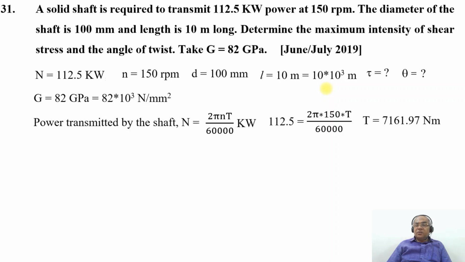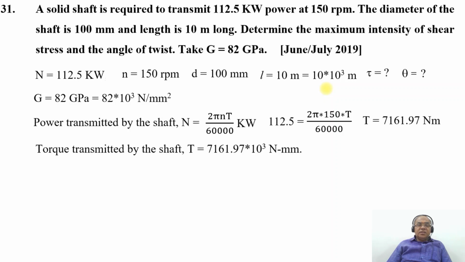Therefore, T will be equal to 7161.97 Newton meter. So the torque transmitted by the shaft, capital T, will be equal to 7161.97 into 10 to the power of 3 Newton mm. To convert meter into mm, multiply by 10 to the power of 3.